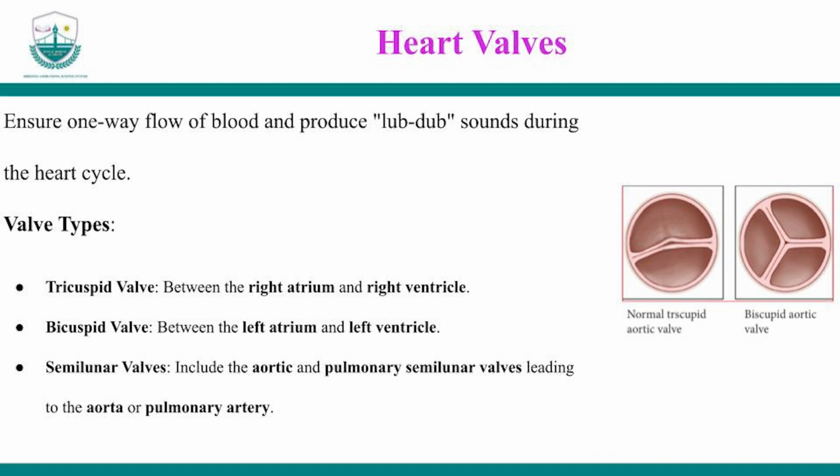We'll also see that these valves are made up of flaps. So these valves have what we call flaps, and it is because of those flaps that we have names like tricuspid and bicuspid. You can notice the tri and the bi there.